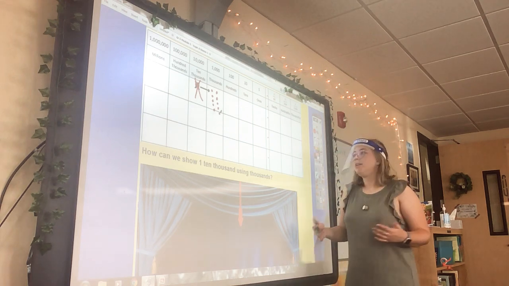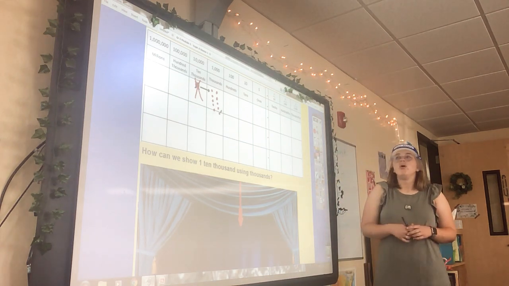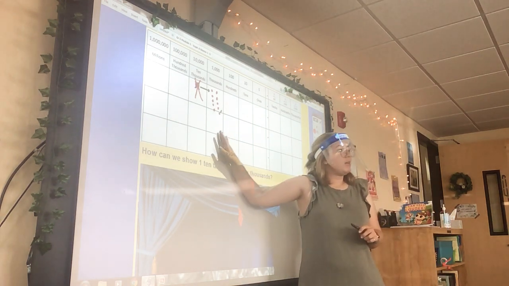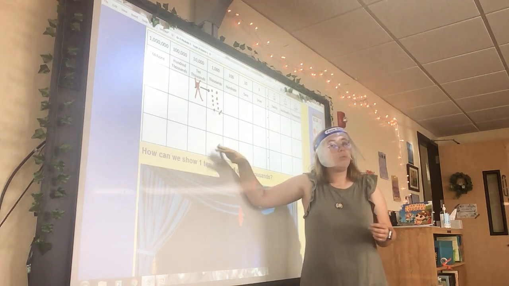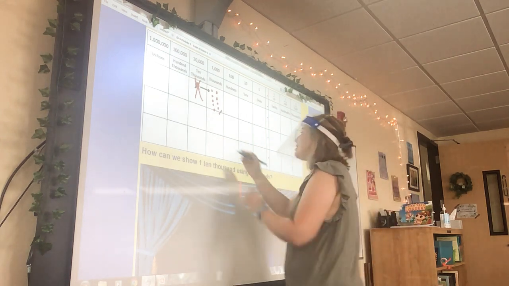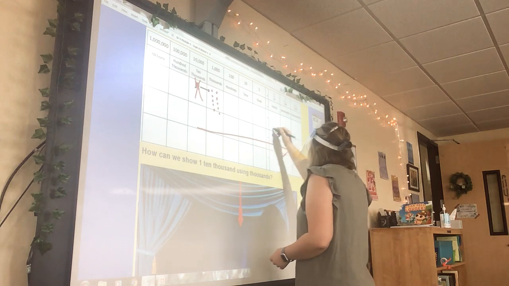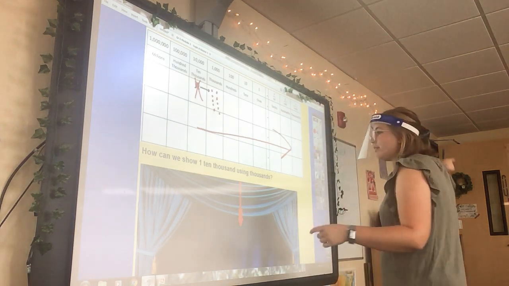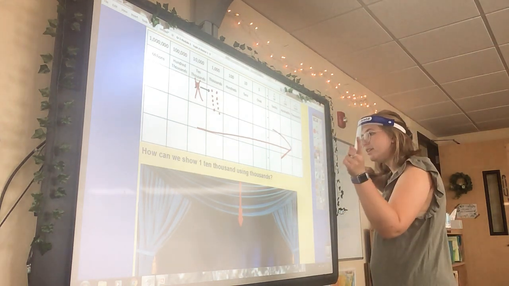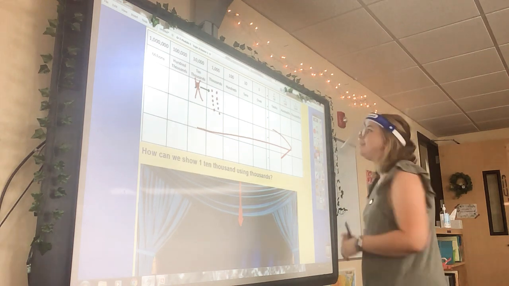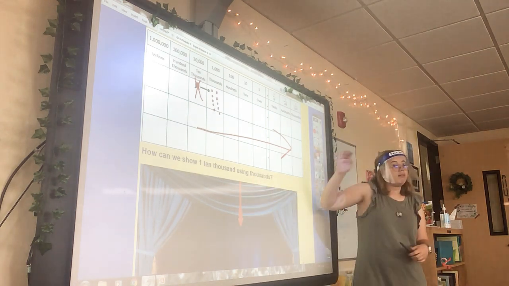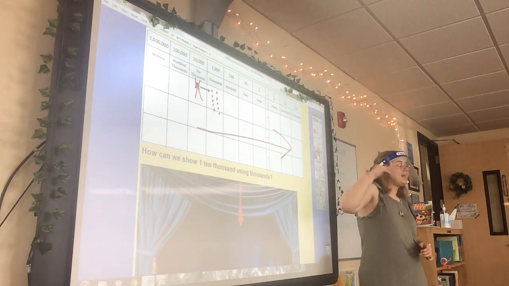Okay, great. So, what we did here, this is the important bit, and you may want to write this down, okay? When we move to the right on a place value chart, the right, okay? So when we move to the right, we're dividing by 10.